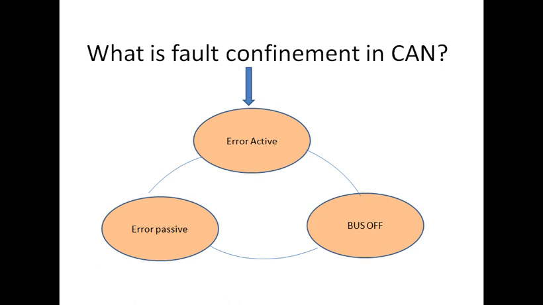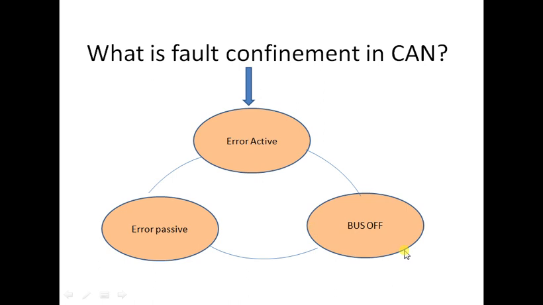These counters keep incrementing if there are transmit errors and receive errors. If there is a successful reception or a successful transmission of a message, then these counters get decremented. In case the node is in error passive mode and the transmit counter keeps incrementing, and if it crosses 255, then that node becomes bus off.